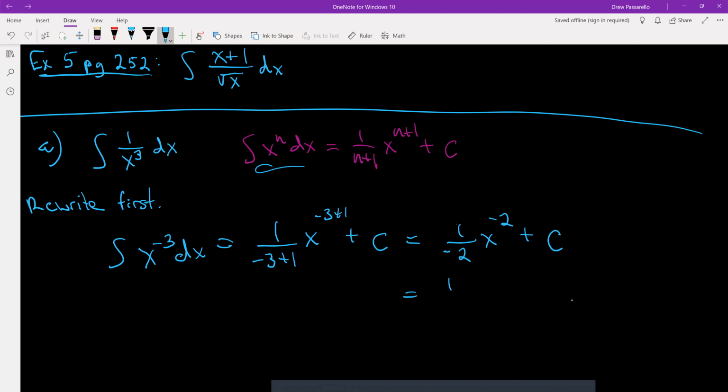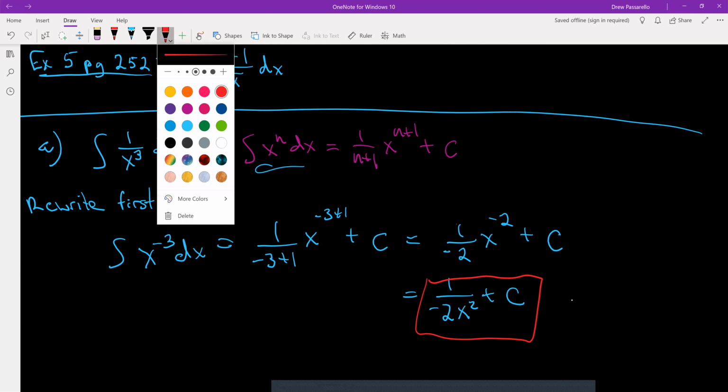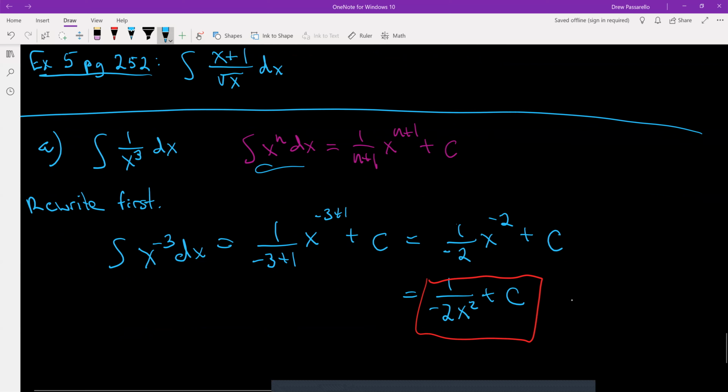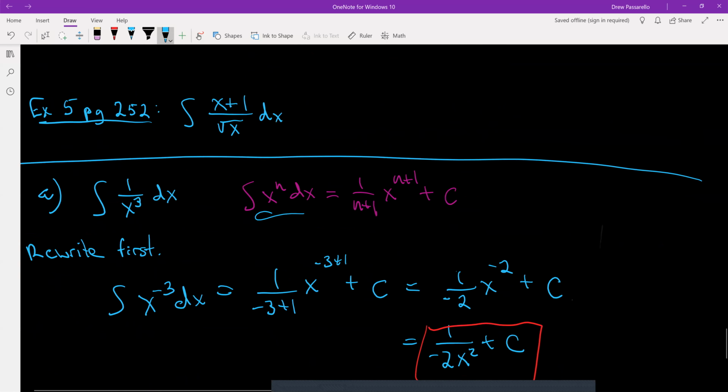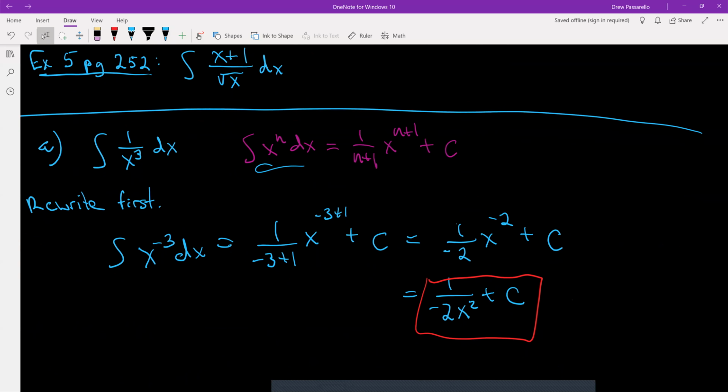That's going to give 1 over negative 2x squared plus c. So the idea is to rewrite it first and then apply one of the known integration rules.